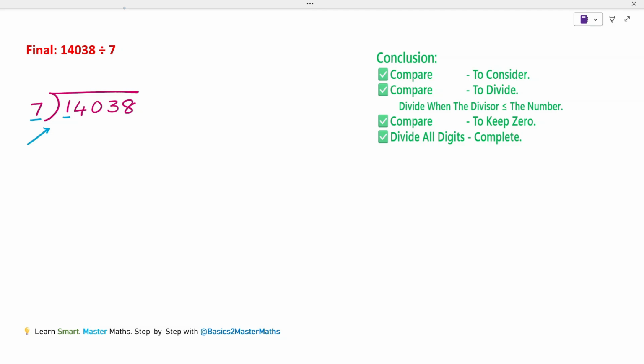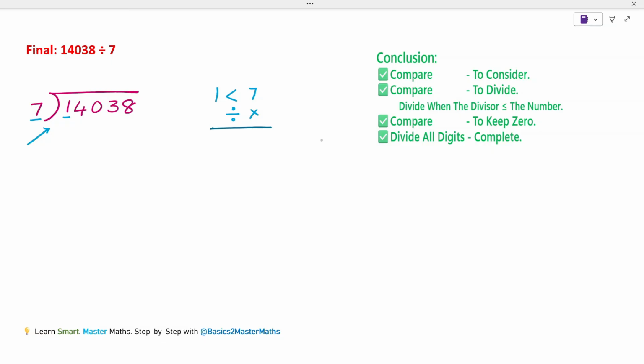Here the number considered is 1, which is less than the divisor 7. Hence, you cannot divide.